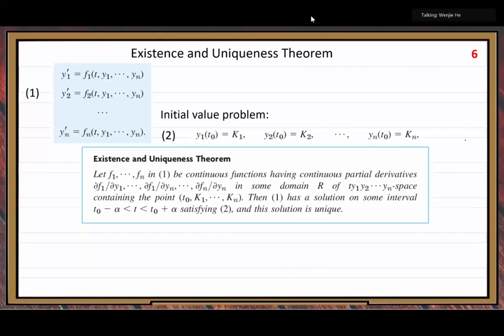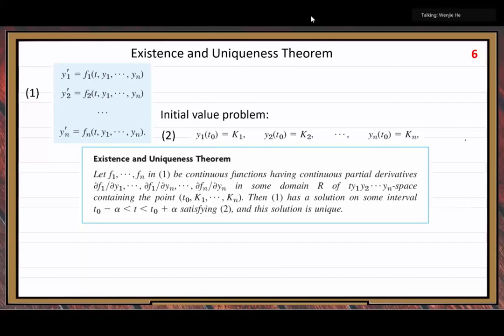T is the variable of this equation. Other symbols, although they have the form of variables, are functions, the unknown functions we need to solve for. So in some interval around t, the solution satisfies the initial condition, and this solution is unique.